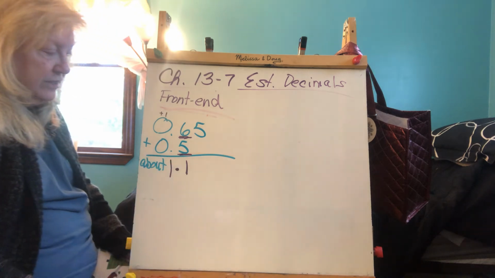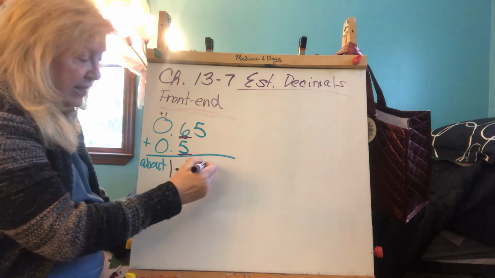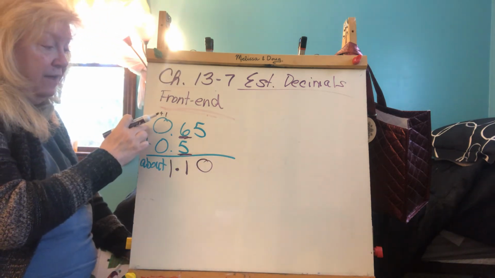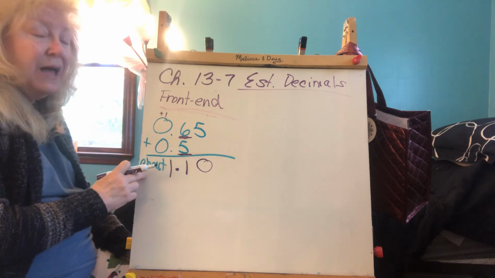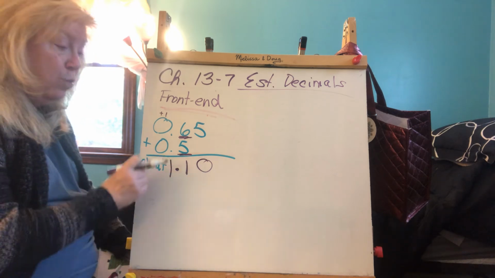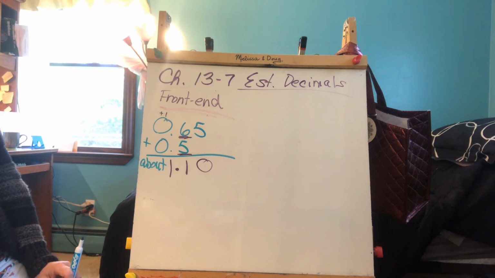Don't forget to put your decimal point, because now I've got 1 plus 0, which is 1. Everything else becomes a 0. So 65/100 plus 5/10 equals about 1 1/10 or 1 10/100. You don't have to put that 0 there. You can, but you don't have to.